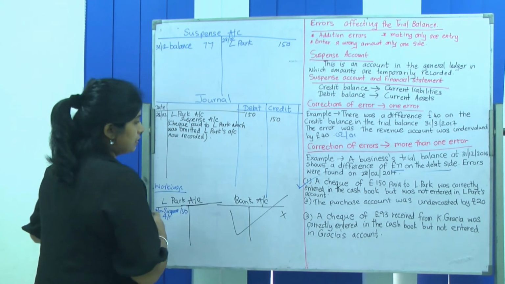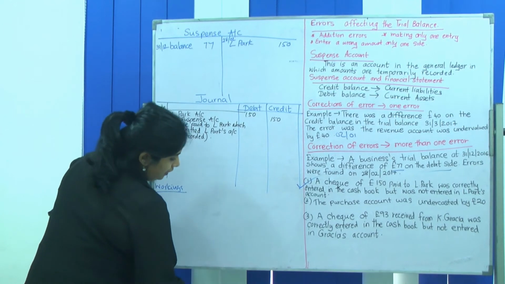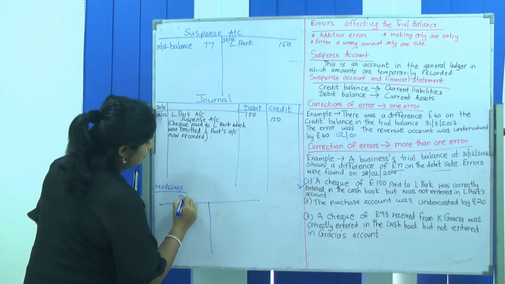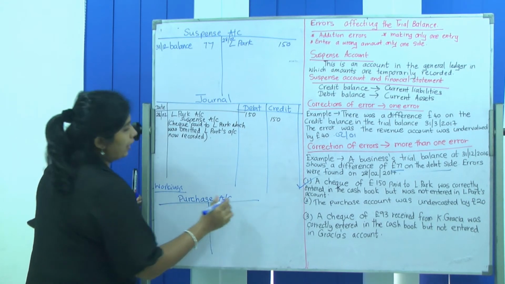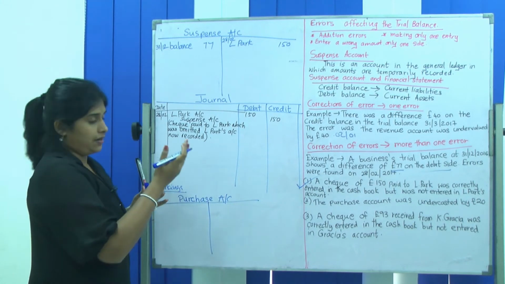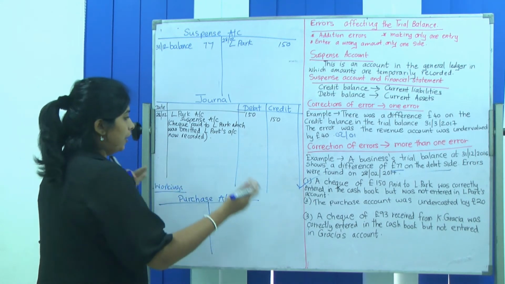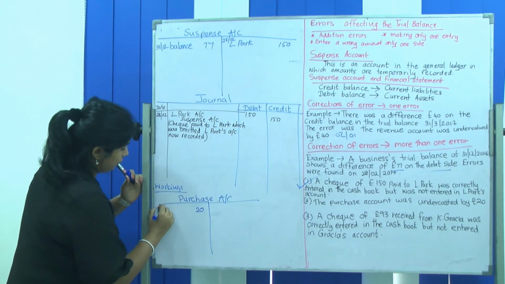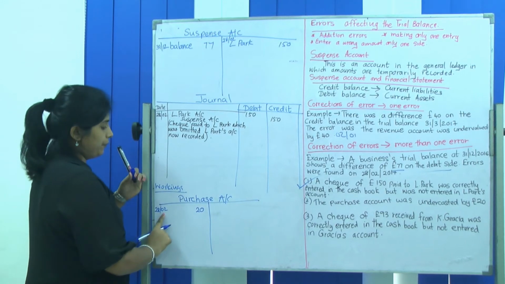Then the second error was on the purchases account. The purchases account was undercasted, that means undervalued, so you have to increase it by 20 pounds. Purchases is an expense account, and to increase expenses, you have to debit 20 pounds. The error was found on 28th of February.